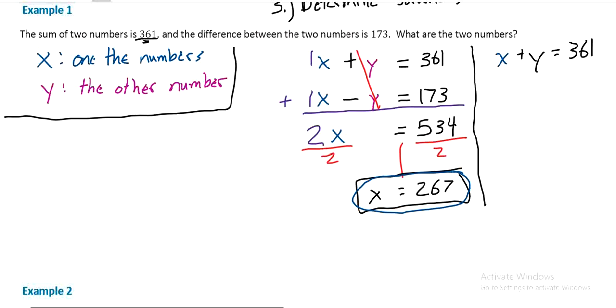I'll put in my 267 for x, keeping the rest.